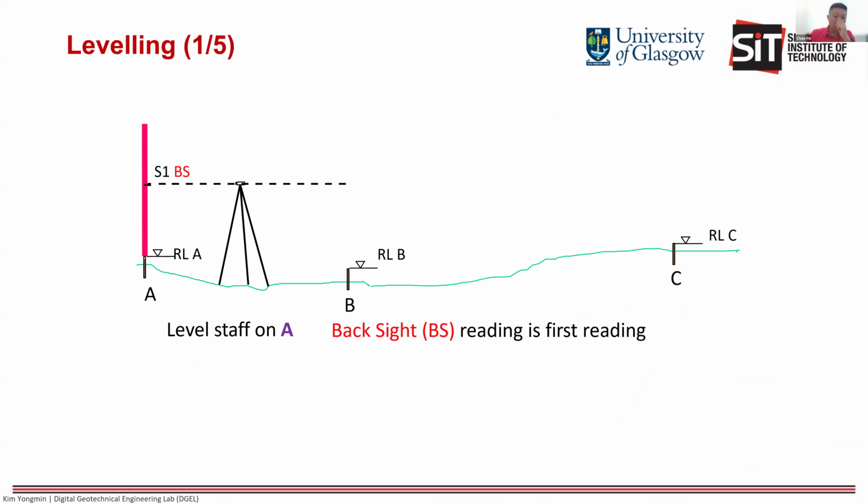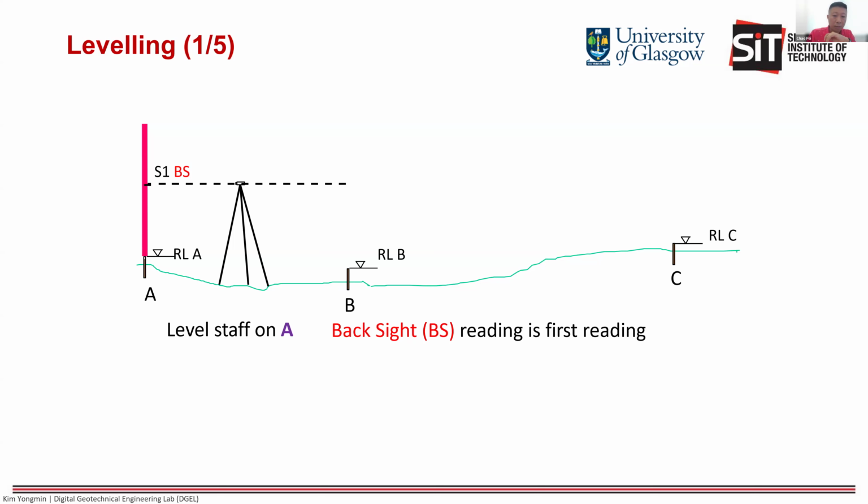Okay, so this is a sketch of how you do a leveling. You can see 3 points, A, B, and C along the whole sketch. And on the left hand side, you can see a tripod with a level, an auto level, and the red color vertical one is the staff. All right.